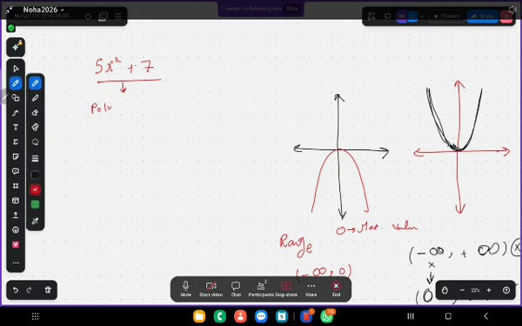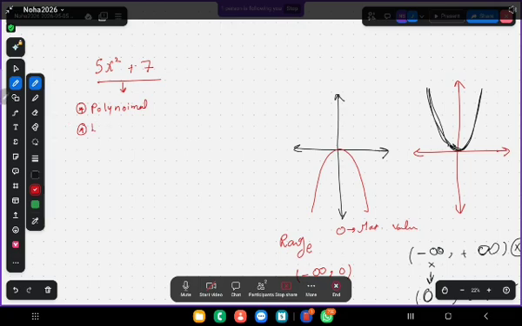Okay, what else can you tell me? Here, I want a lot of information. Okay, the leading coefficient is 5.